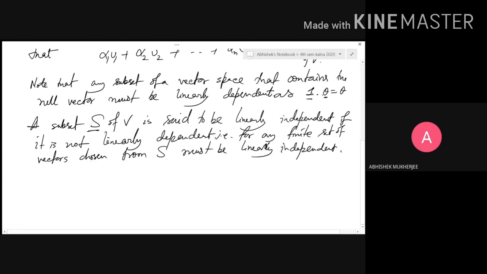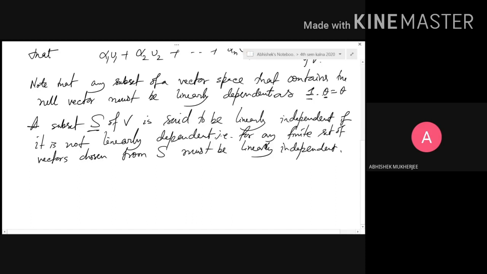It should be noted that the null set, which contains nothing, if we consider it in a vector space, must be linearly independent.